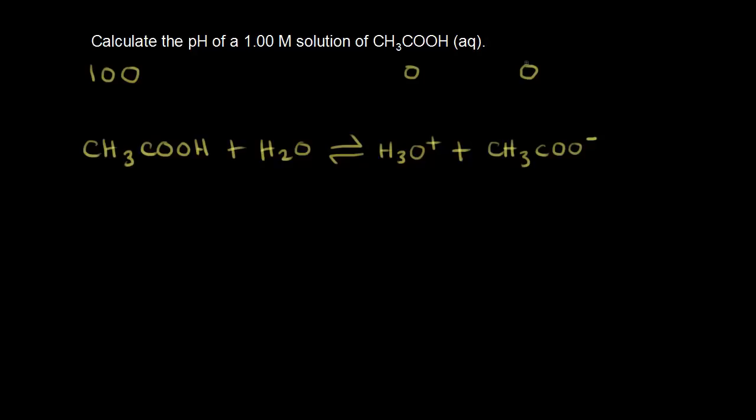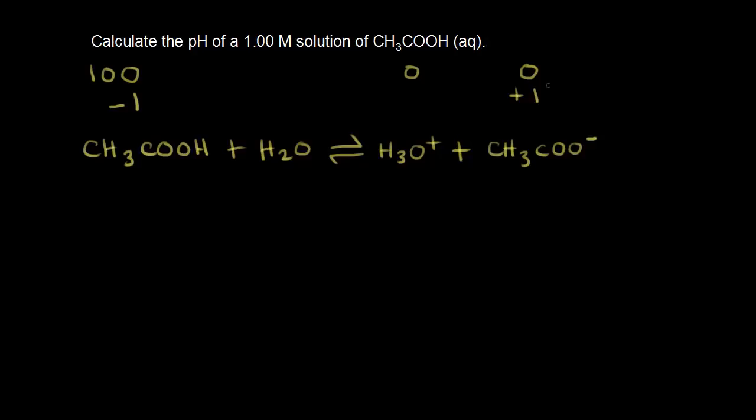But since acetic acid is weak, let's pretend like only one of those acetic acid molecules donates a proton to water. So we're going to lose 1 molecule of acetic acid, and that's going to turn into the acetate anion. So if we lose 1 molecule of acetic acid, we gain 1 acetate anion.